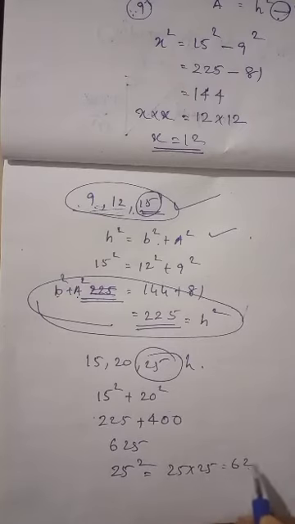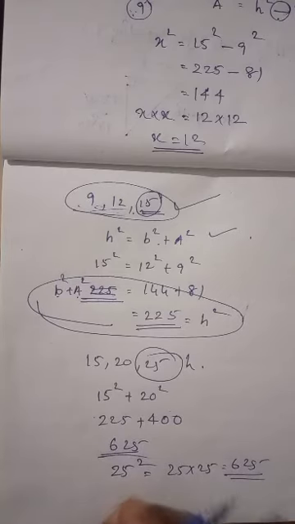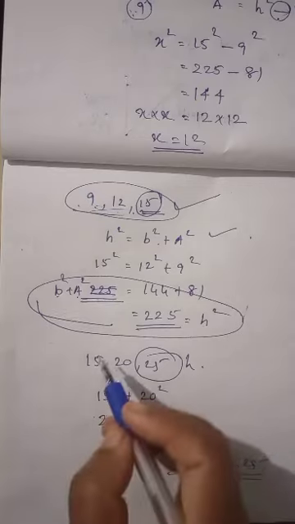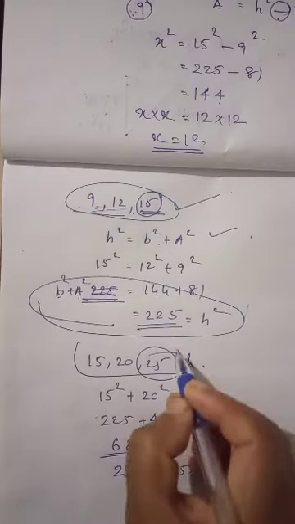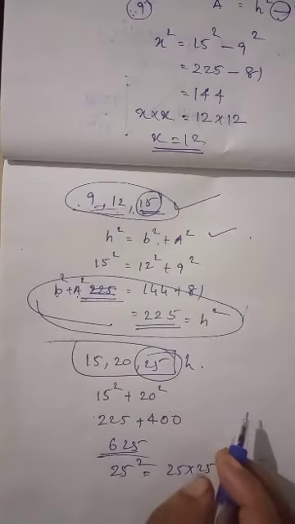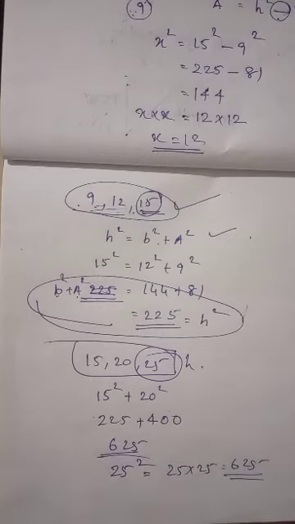It is also 625. So both of them are the same. We can say that these are also the sides of a right angle triangle. Okay. Thank you.